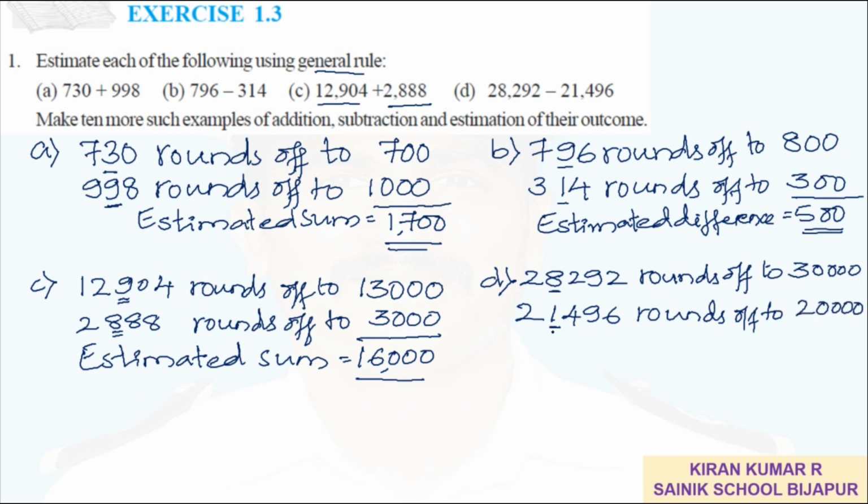The reason is 1 is smaller than 5. In this one, 8 is larger than 5. So the estimated difference is 10,000.